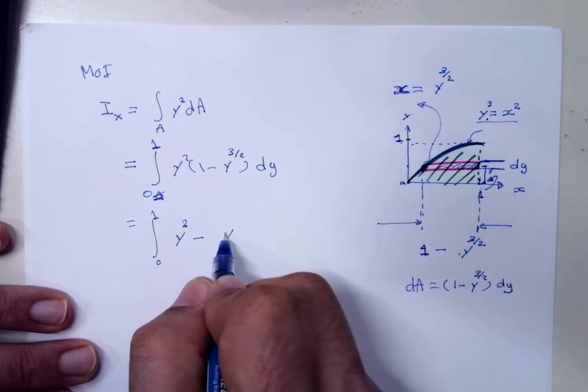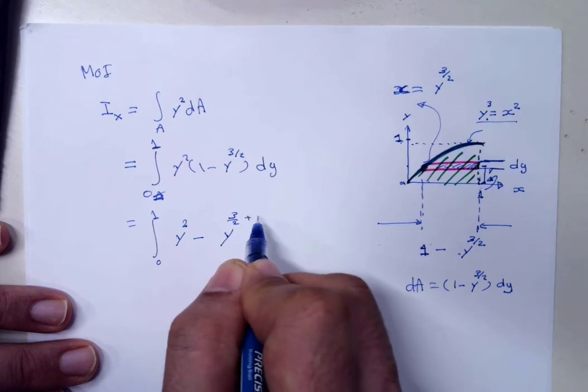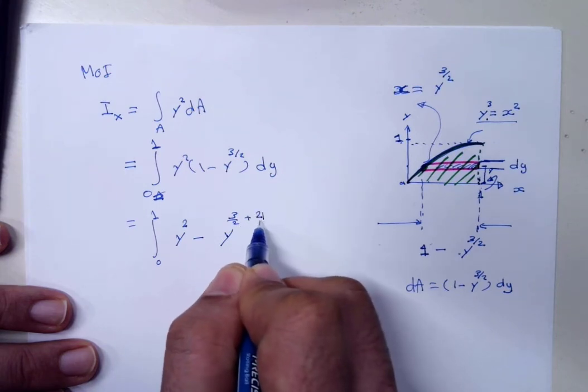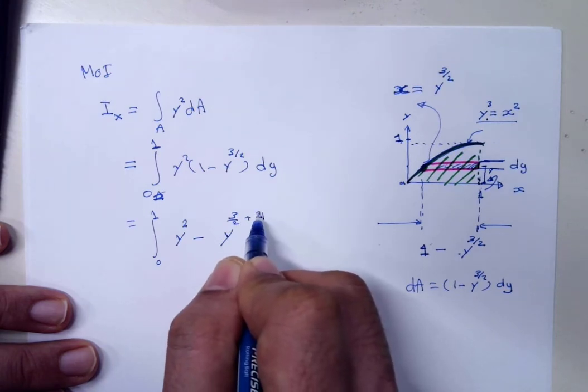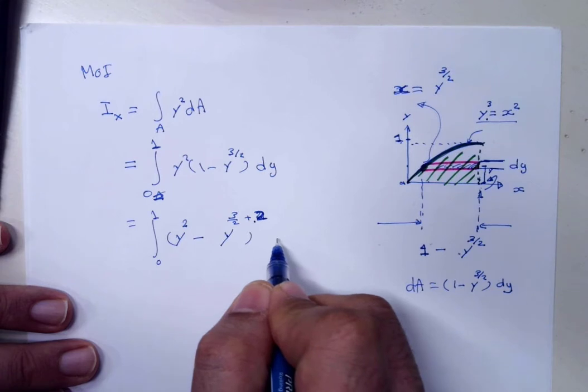Minus square is 3 over 2 plus 2, which is 4. I'm sorry, so plus 2, right? Plus 2 dy.